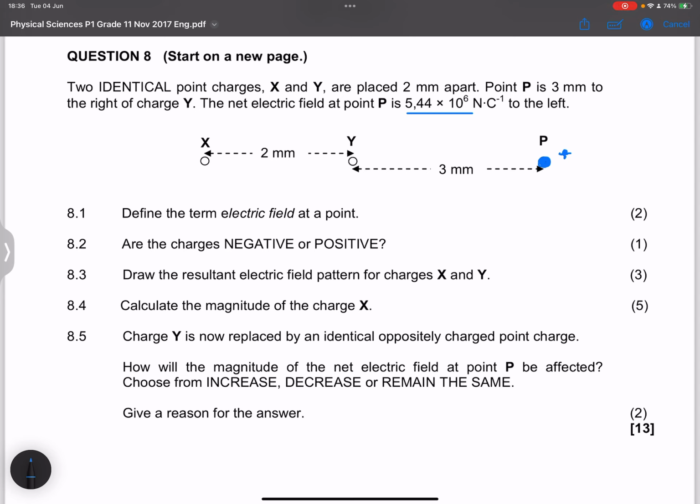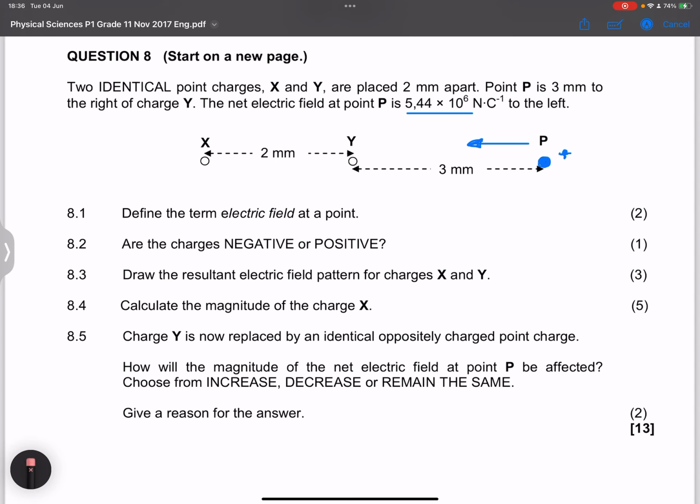Now, the net electric field at that point is to the left, which means that we're assuming that that positive point charge would actually be attracted to the left, so the charges on X and Y respectively have to be negative so that they attract that point charge to the left.